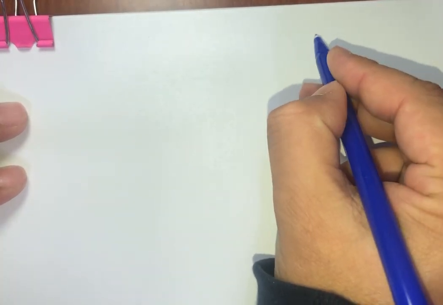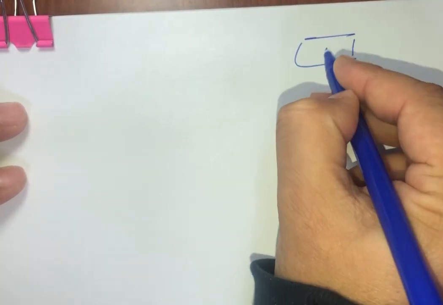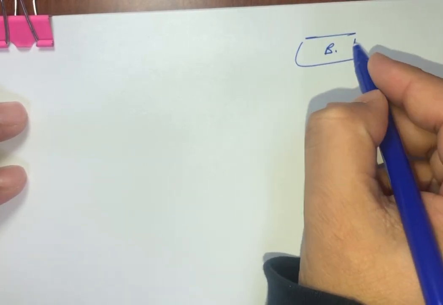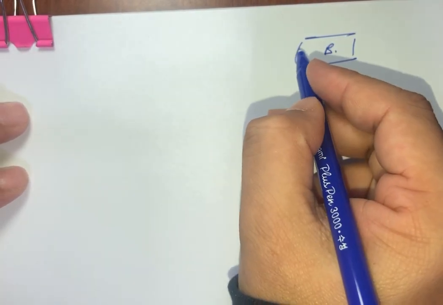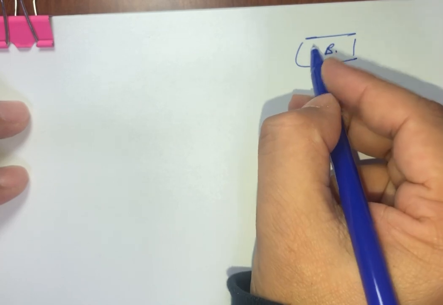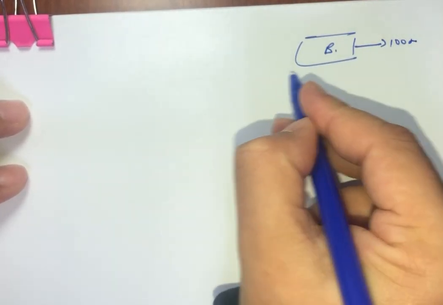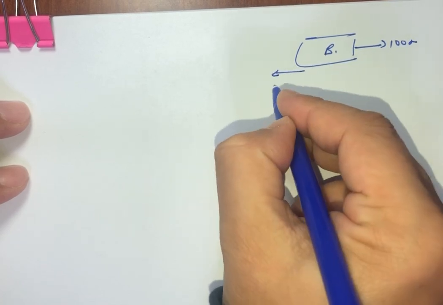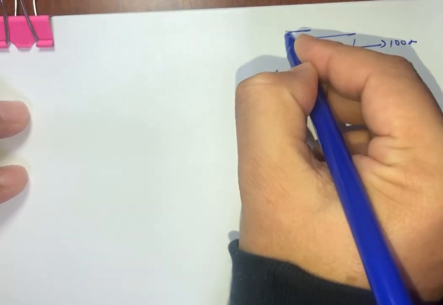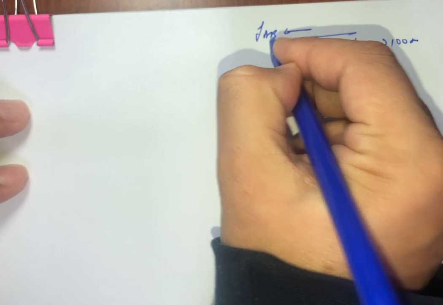So if you draw the free body diagram for B and C, we can draw like this. For block B, we have an applied force of 100 Newton toward this side, and there is friction FC, and here it will be FAB.